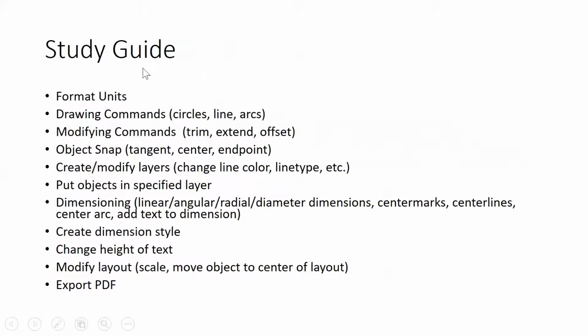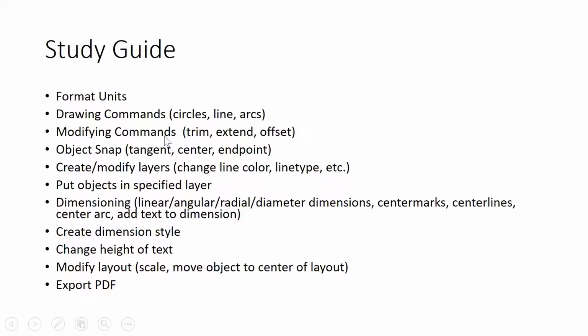Here's, I would say, a better study guide, so you can make sure that you understand how to do all of these different things. Make sure you know how to format your units. Make sure you know how to draw the different types of circles: center radius, center diameter, TTR, draw lines, and draw arcs, okay?